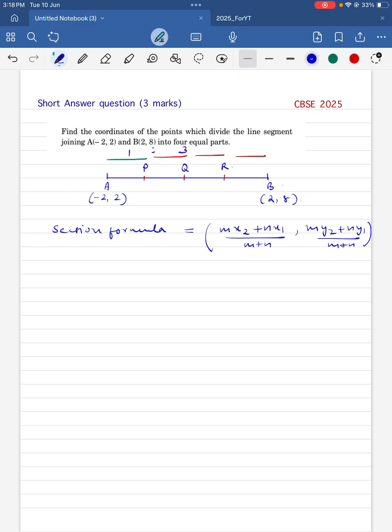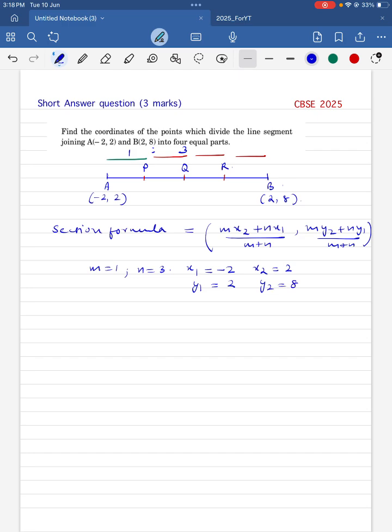Okay, so let's use m as equal to 1 and n as equal to 3. Now the values of x1, x2, y1 and y2 are from the two points A and B. Okay, x1 is the x coordinate of point A, which is -2. x2 is the x coordinate of point B, which is 2. y1 is the y coordinate of point A, which is 2. And y2 is the y coordinate of point B, which is 8.